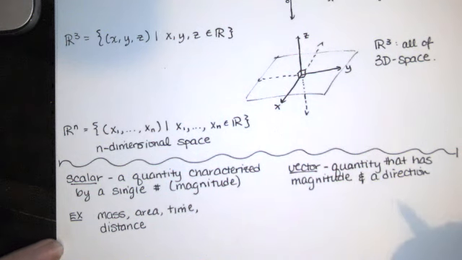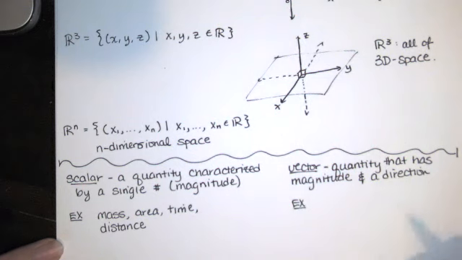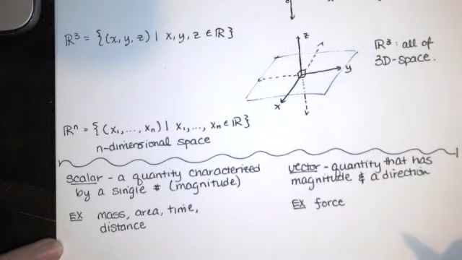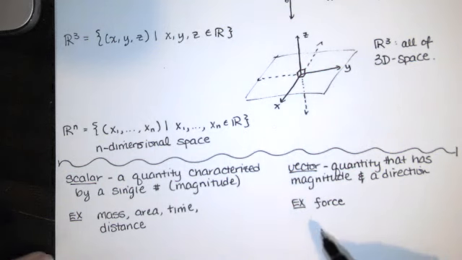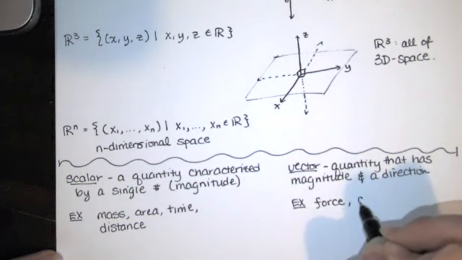While vectors are quantities that have magnitude and direction. It'd be force. If I'm applying a force, the direction matters. If I give you 50 pounds of force and I'm pulling in one direction, that's very different than applying 50 pounds of force in a different direction. So the direction matters. So that's a vector quantity.